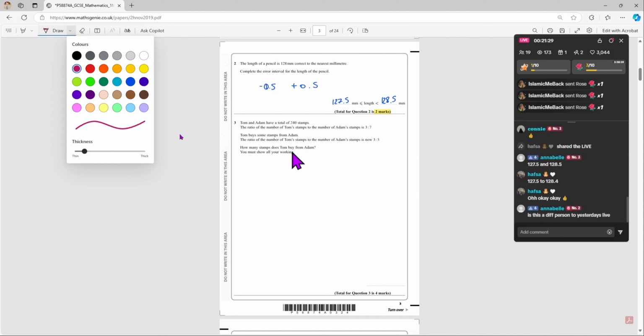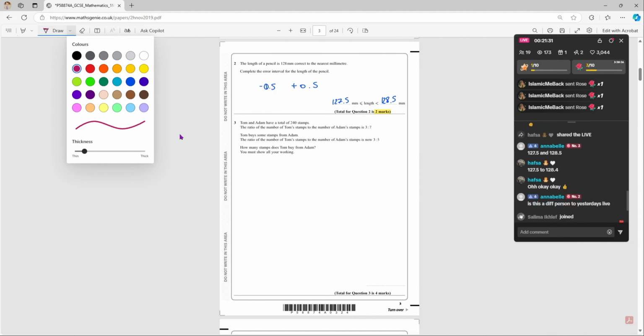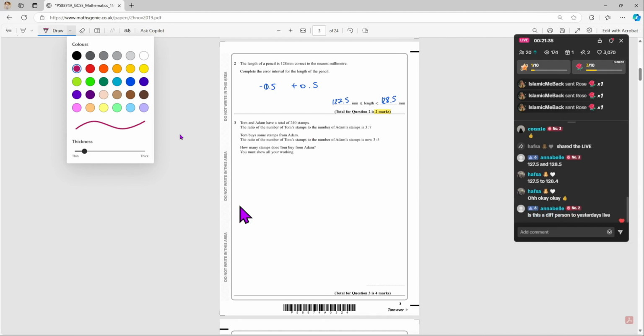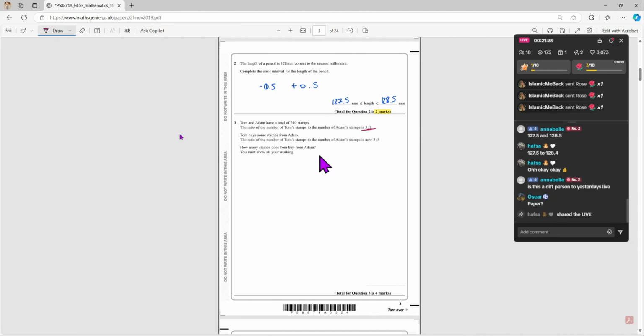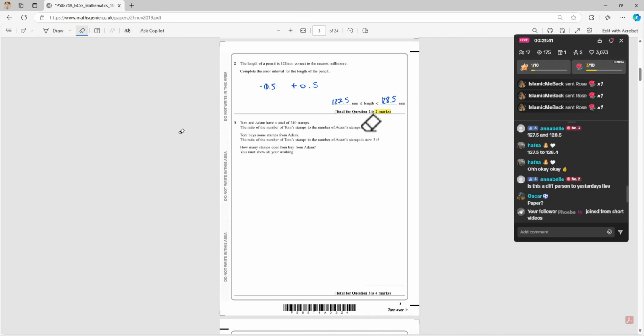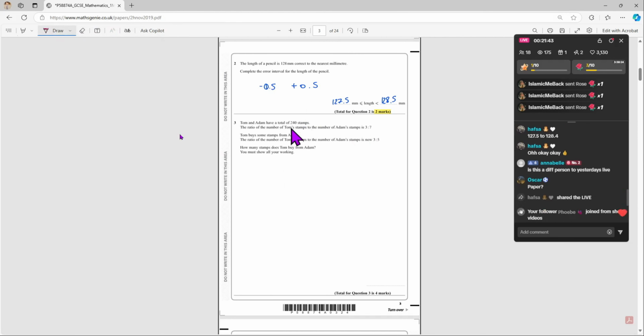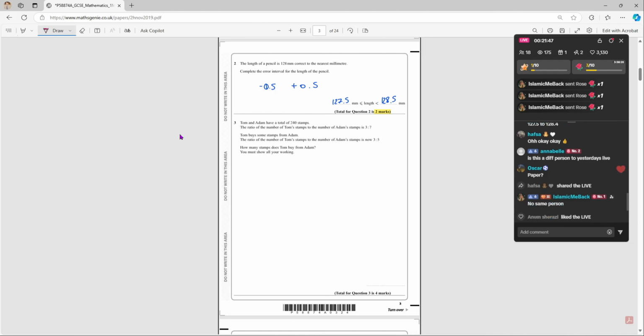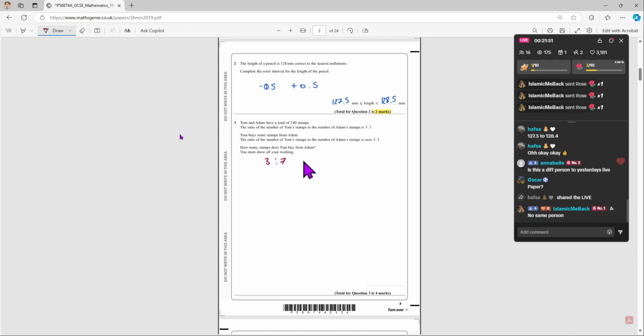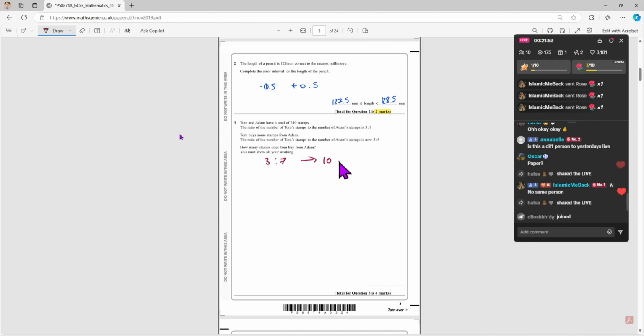So the first thing we have to do is work out how much they had before Tom bought them. So we have 3:7. We're going to share the number 240 in the ratio 3:7. We know the total is going to be 10 parts of the ratio.